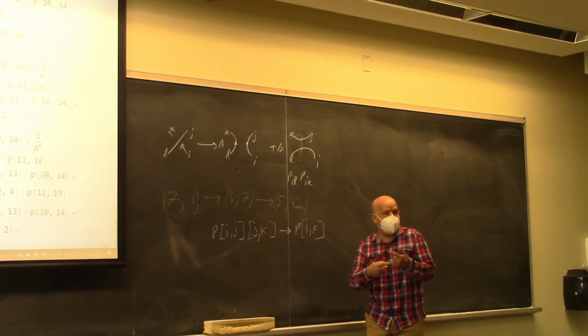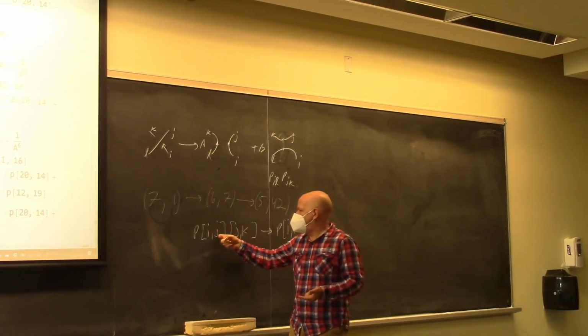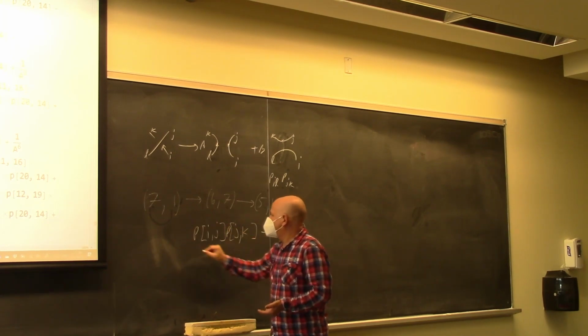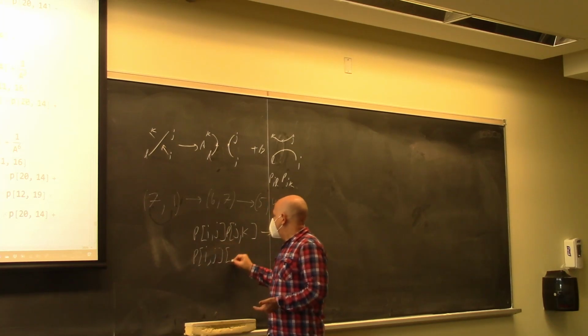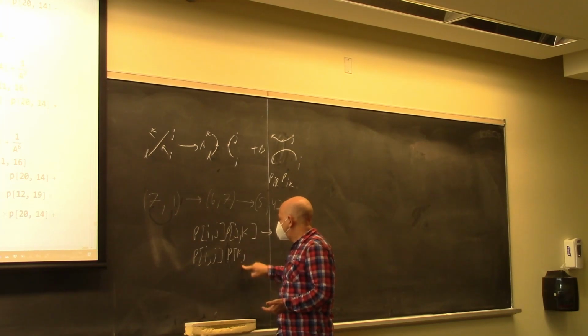But really the paths are unoriented. And Pij and Pjk is really equivalent to Pkj.